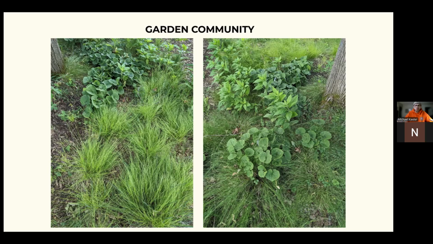Again, I typically recommend sticking with a single sedge or grass species early on. But we incorporated wild ginger, wild geranium, and I believe there's golden ragwort as well. Those are all really great plants to get that ground covered, start blocking those weeds out, and start to encourage that plant competition.